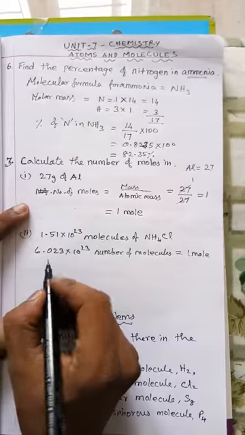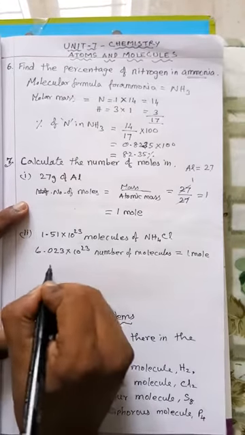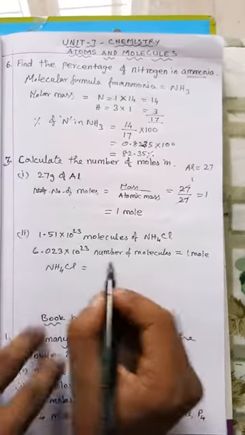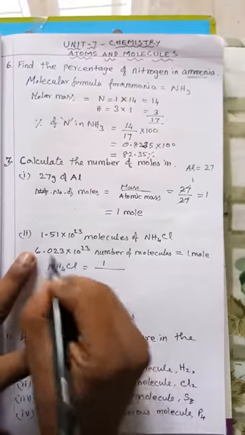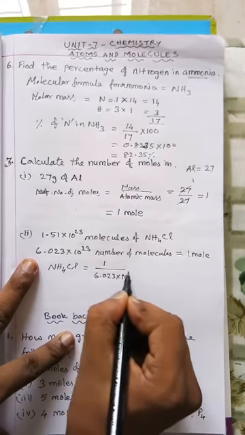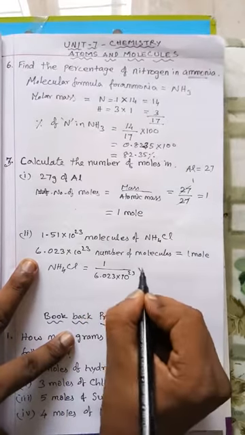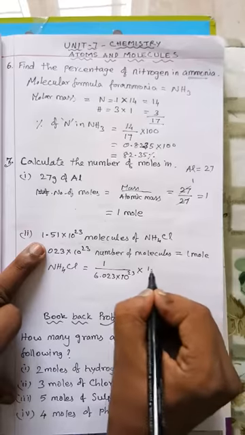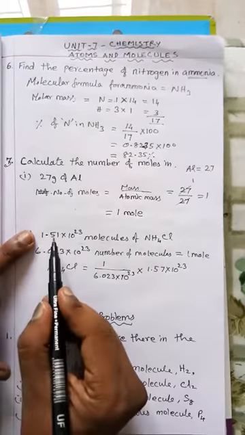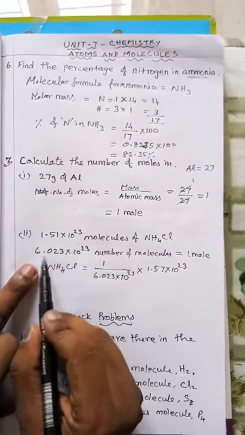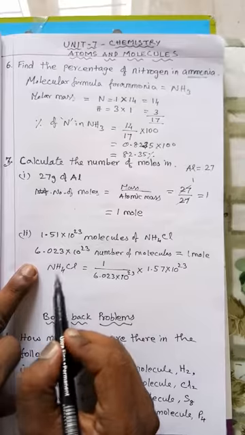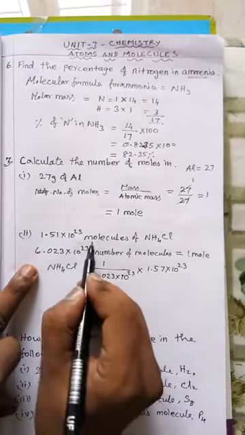So how to calculate? Ammonium chloride is equal to 1 divided by 6.023 into 10 to the power of 23, into the given value, 1.57 into 10 to the power 23. So the given value is divided by the Avogadro number. If you divide, you will get the number of moles in the given molecules.